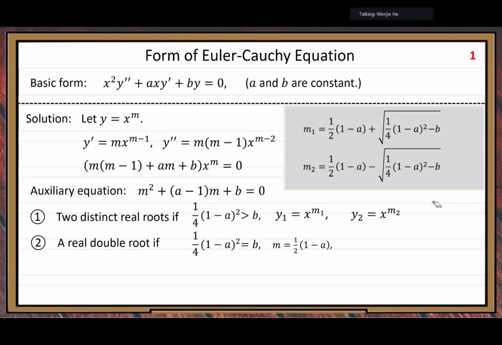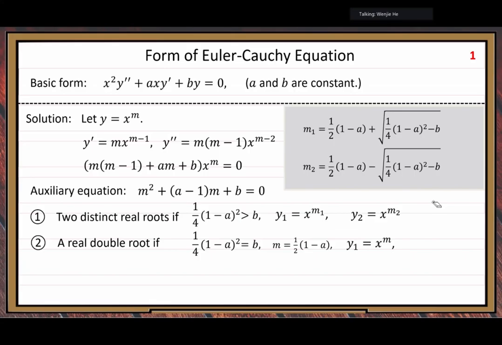The square root is gone, so we only have one half times parenthesis 1 minus n, that notation. So y1 equals x to the n, a real number.